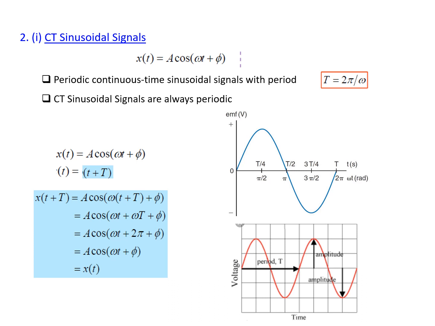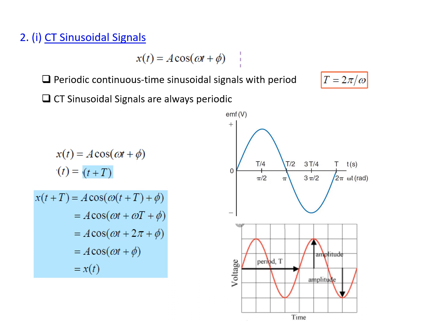Wherever t is there, you replace t by t plus capital T. x of t plus T is equal to A cos of omega, and in the place of t, I am representing t plus T. Then I open the bracket, so it becomes A cos(omega t plus omega T plus phi). For a continuous time periodic signal, omega T is always equal to 2 pi.